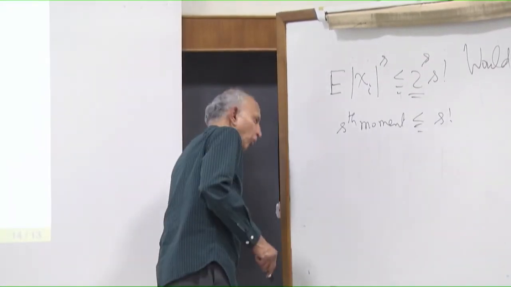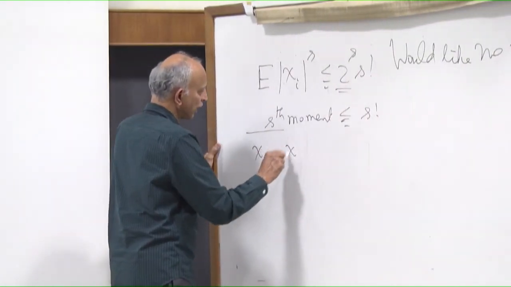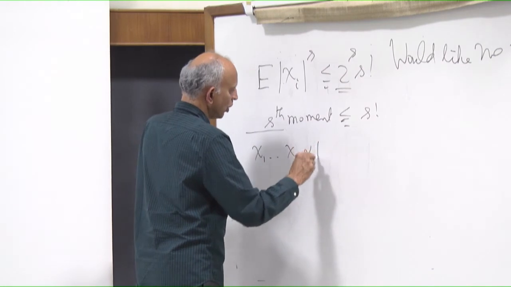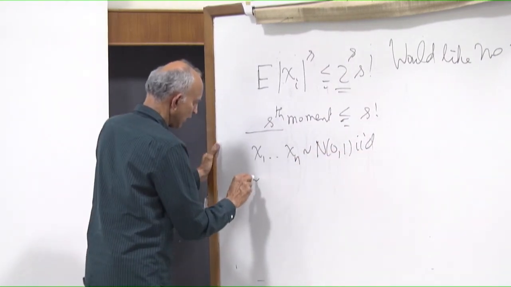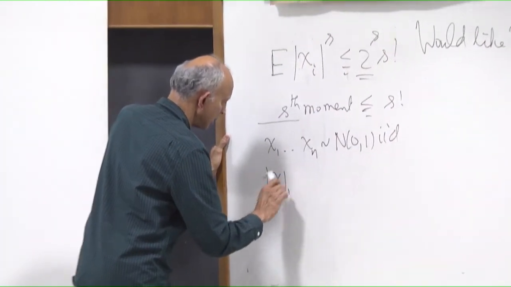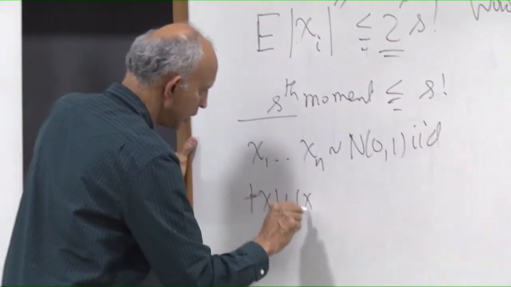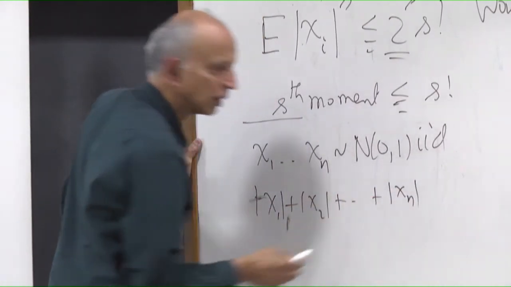So what Chiranjeev is asking is that, if x1 through xn are normal 0, 1 IID, then I would like, let's say, the tail bounds for this.